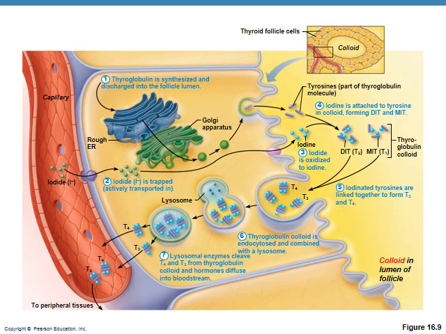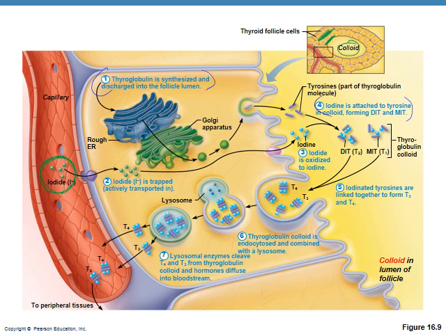So here's a figure from your book showing how T3 and T4 are assembled. A lot of people like to just memorize these little blurbs here. You can do that, but it really doesn't help in the long term. What I would suggest is, can you look at this picture, follow what's happening, and put it in your own words? Here we're looking at the follicular cell and the colloid.